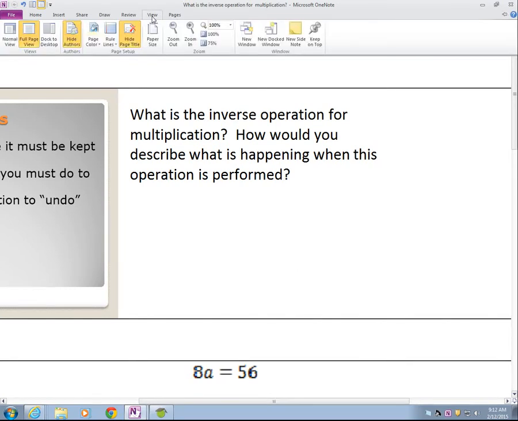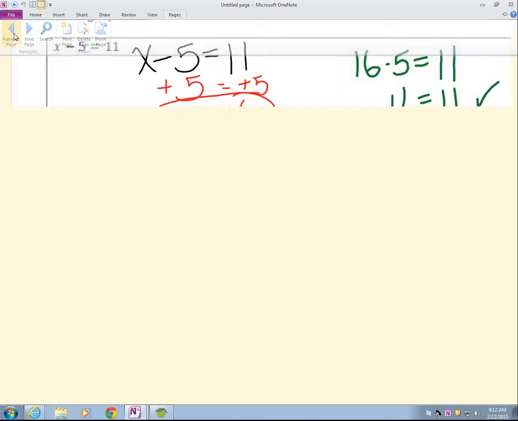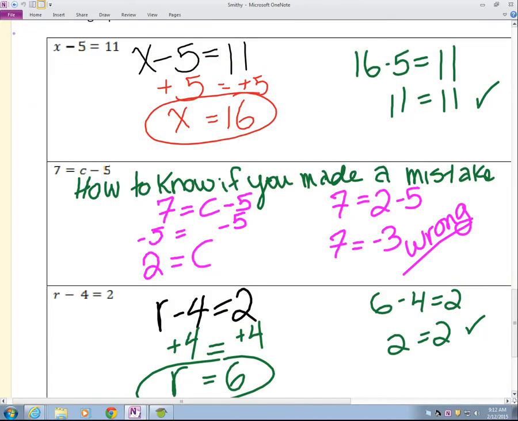Let's look at yesterday's notes to see. Where are they? There they are. These answers had something with it. What were we finding?